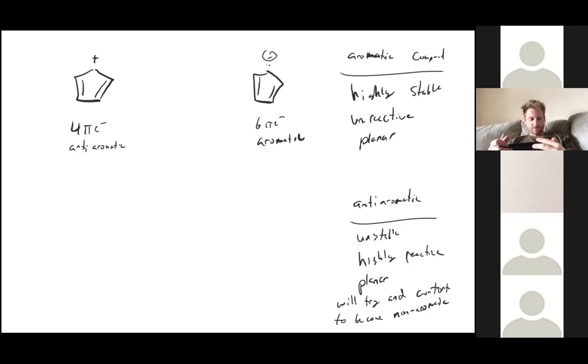So what makes something aromatic versus anti-aromatic has to do with its pi orbital bonding. If we think back to orbital bonding, let's take this compound here.